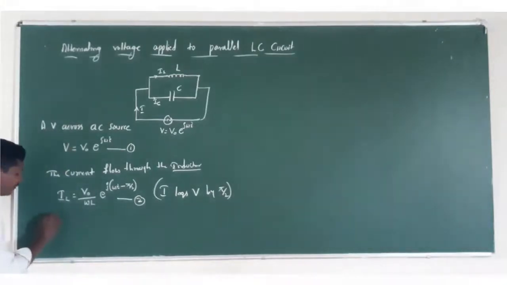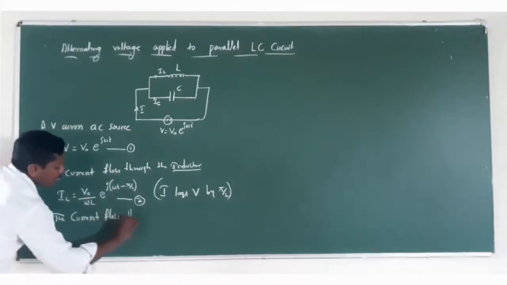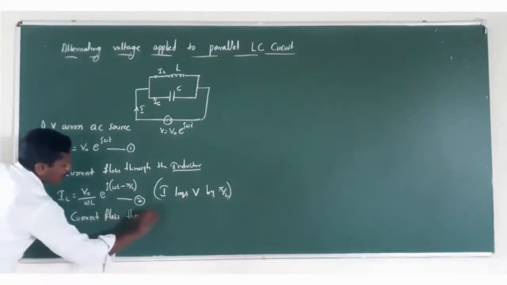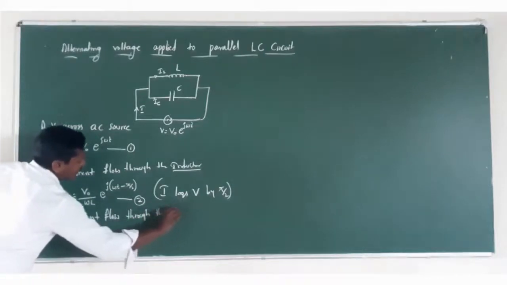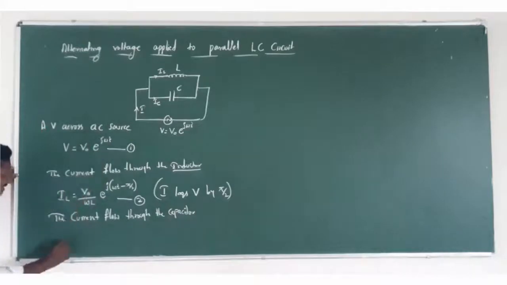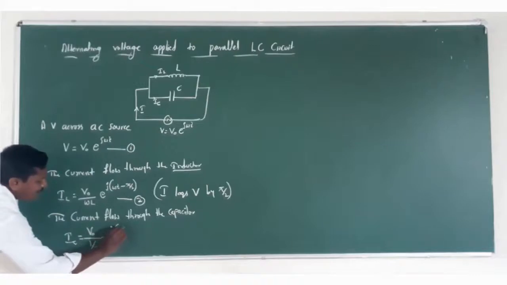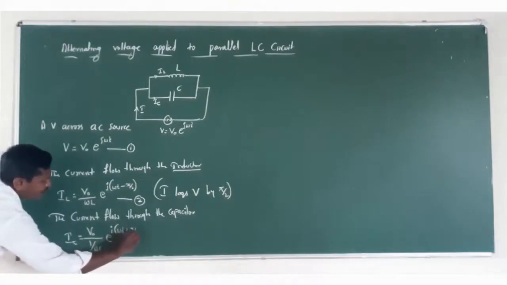Now, the current through the capacitor can be represented by IC. Therefore, IC is equal to V naught divided by 1 over omega C, e raised to j omega t plus pi by 2.